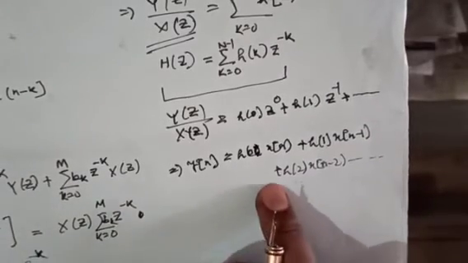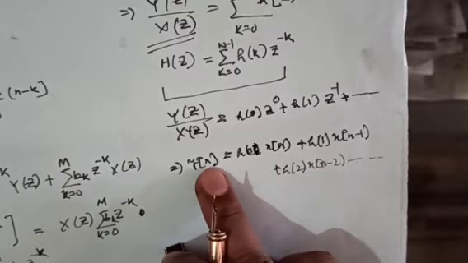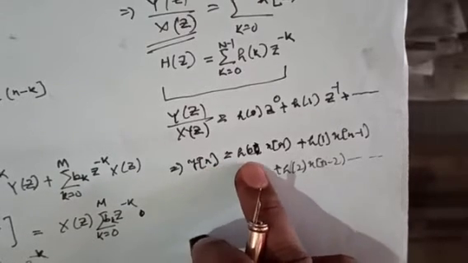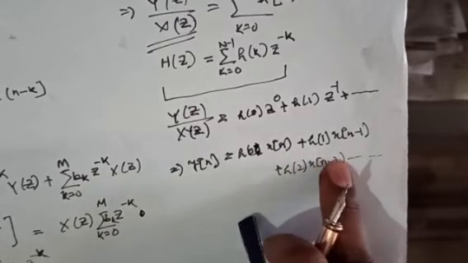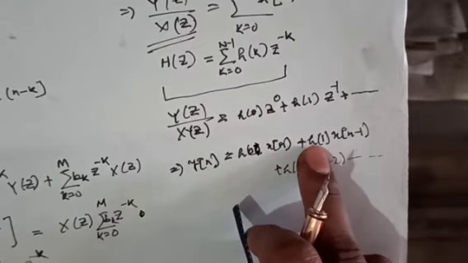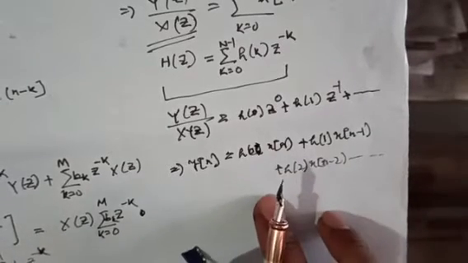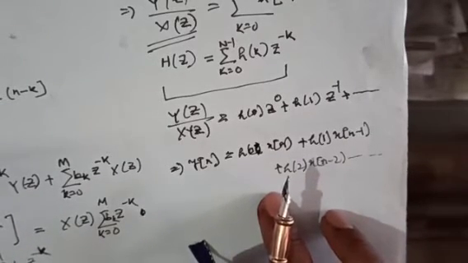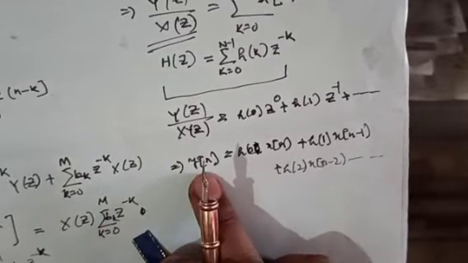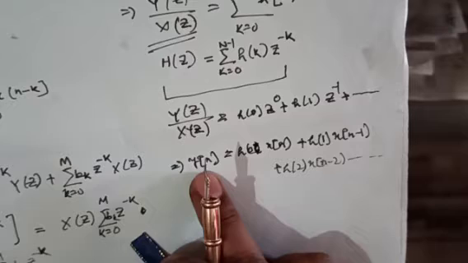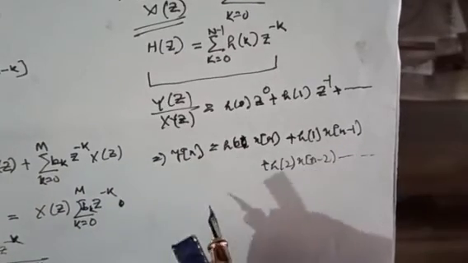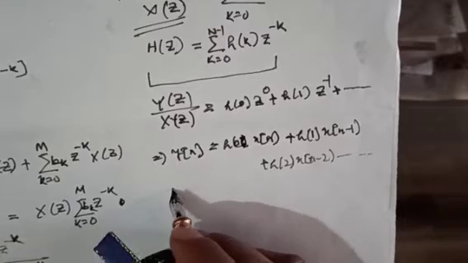So at an instant of time n, the output y of n depends on the present input and all the past inputs, for some constant coefficients h. These constant coefficients h are nothing but the filter or system coefficients. So it does not have any feedback. That means this output y at an instant of time n does not depend on any past output. That is, it does not have any feedback. Those kinds of systems are called non-recursive.